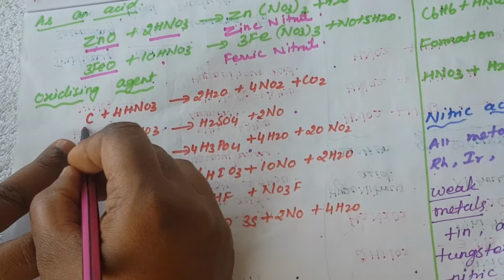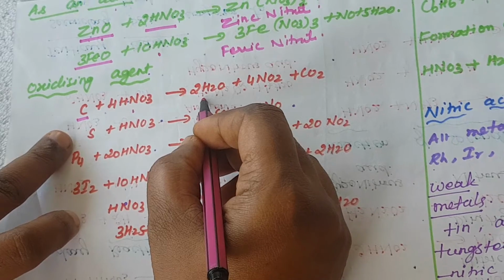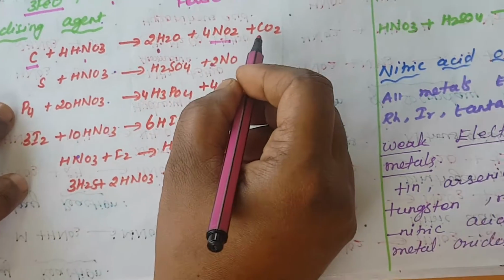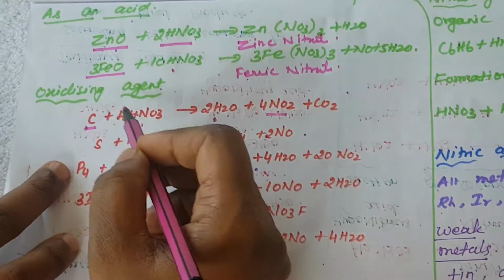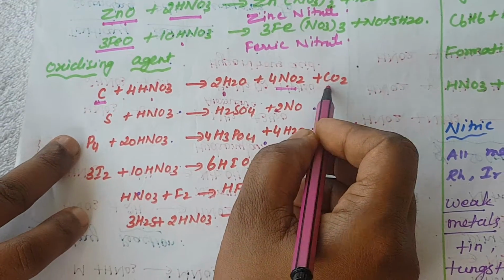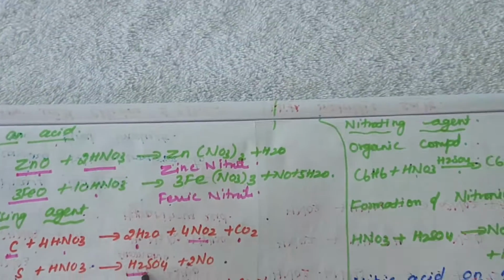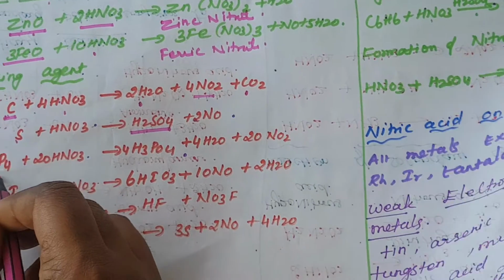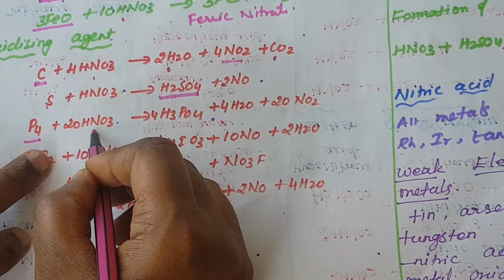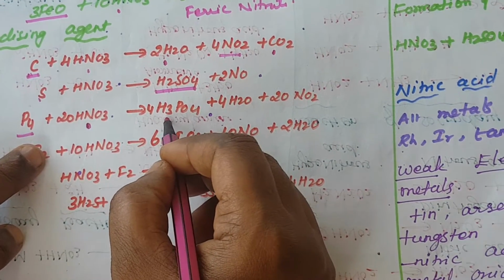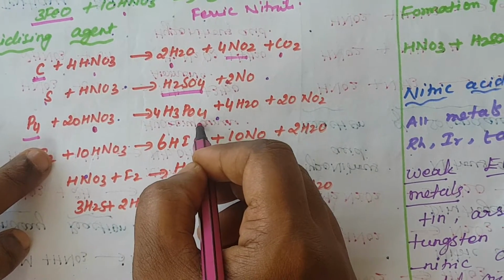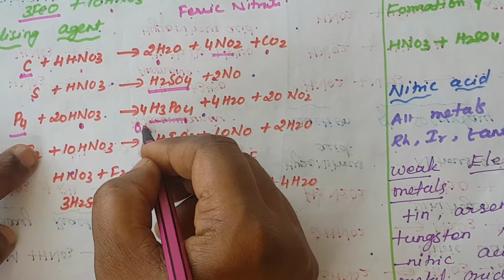When carbon reacts with nitric acid it forms water and NO2, since it is a good oxidizing agent. Carbon is oxidized to carbon dioxide. Sulfur is oxidized to sulfuric acid. Phosphorus reacts with nitric acid to form orthophosphoric acid, H3PO4.